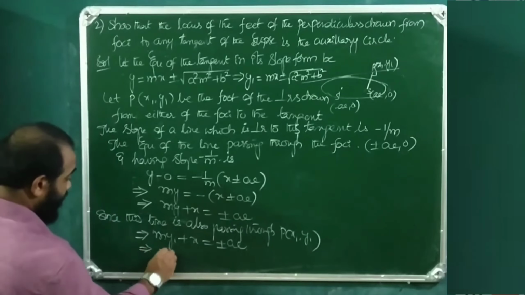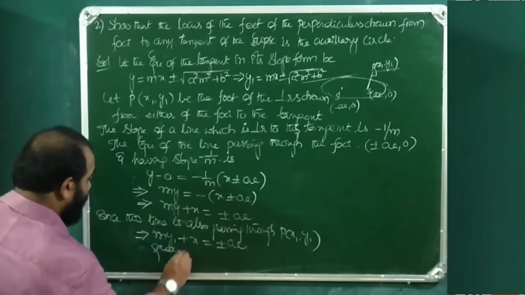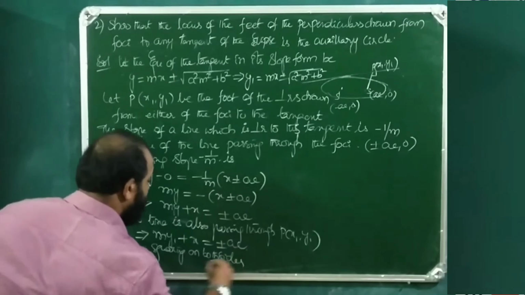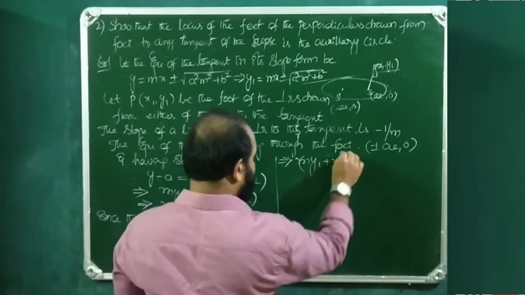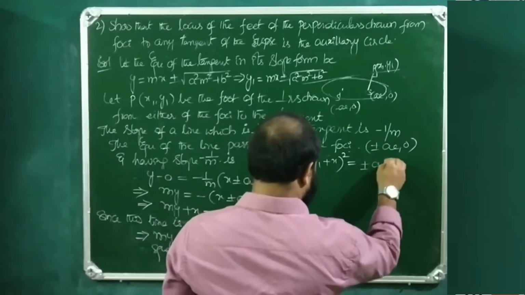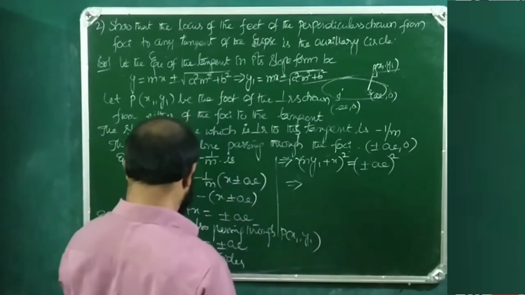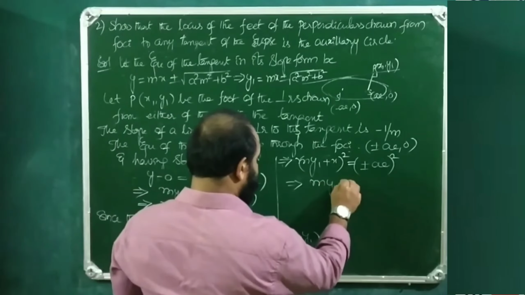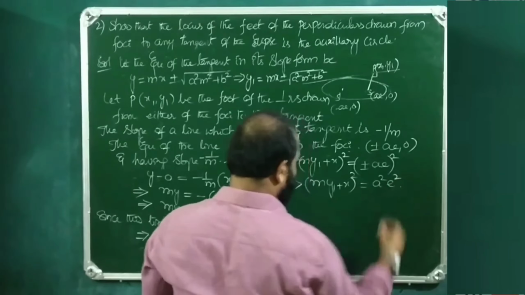Squaring on both sides, we get (my1 plus x1) whole square is equal to (plus or minus AE) whole square. So this is (my1 plus x1) whole square equals a square e square.